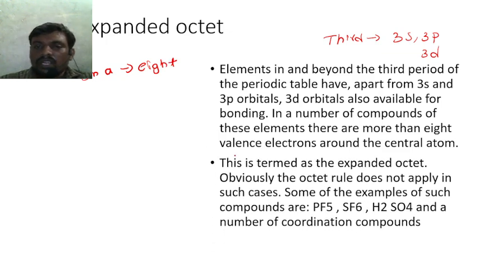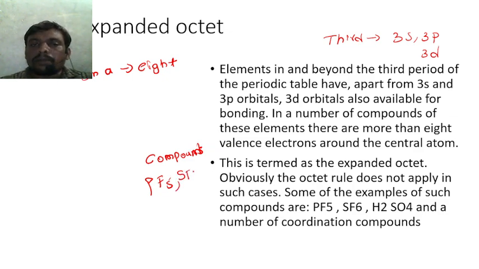This is termed the expanded octet. The octet rule does not apply in such cases. Let us take some examples of such compounds, which help to understand this expanded octet. Expansion means the valence electrons are more in number than normal.